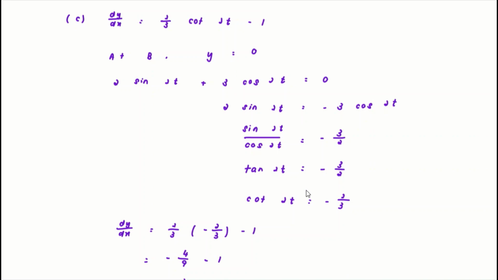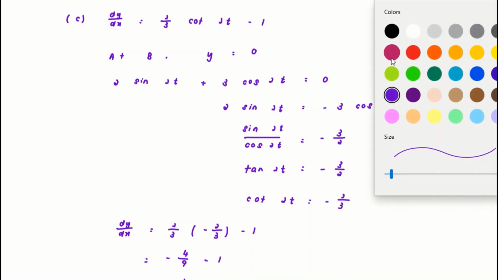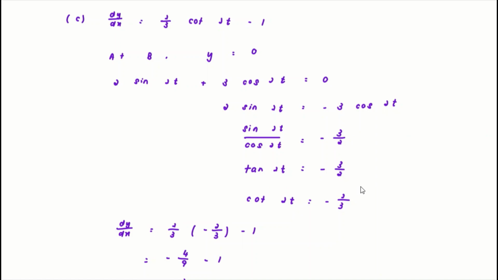But of course it doesn't matter if you don't realize this and continue to solve your t, then substitute back into the equation; it's going to give you the same answer as well. So don't worry that much about that, but make sure that you use the exact value, because if you use a rounded value, then later you couldn't get -2/3, and that's going to make your answer less accurate. Okay, so let's go through the marking key. The first thing is you need to know that you need to equate this to 0.